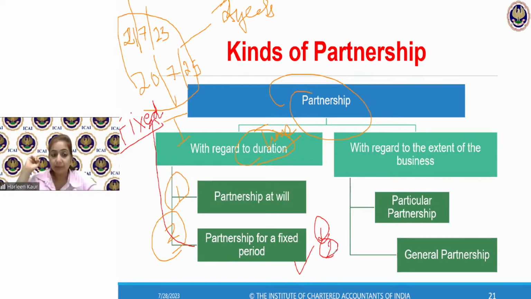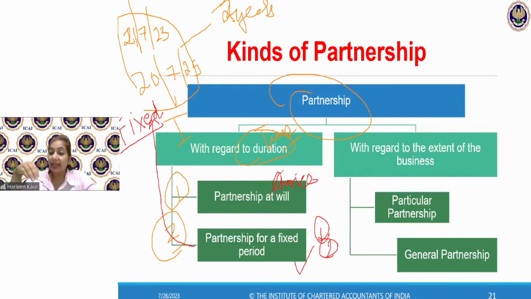But what is partnership at will? At will means at your sweet choice, at your own will, आपकी मर्जी से. Choice means आपकी मर्जी से, आपकी will से.